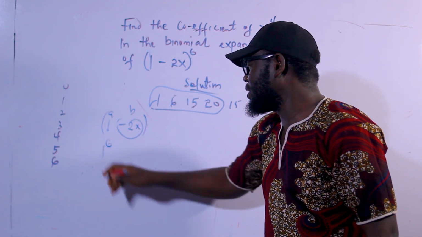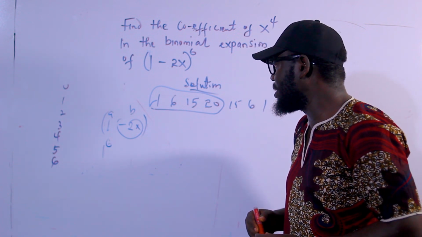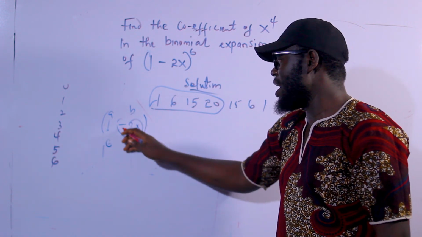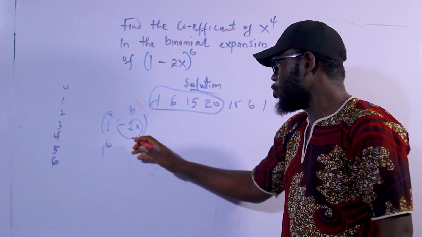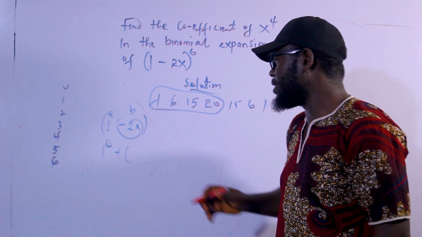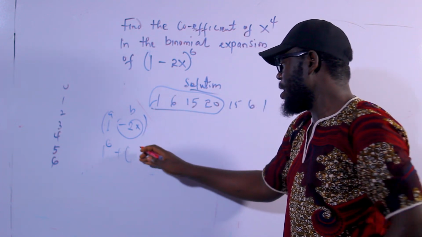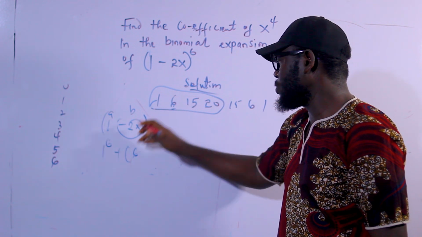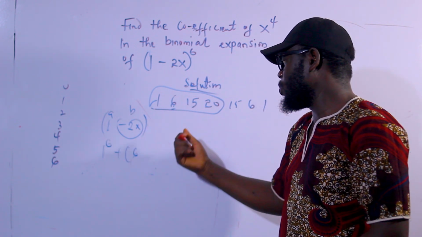So I'll have 1 raised to power 6. Once I have 1 raised to power 6, then I will have this one raised to power 0, which is still 1. So I'll go for the second one, that is plus 6. This second one, this one is 1 already, so we don't have to go that far.